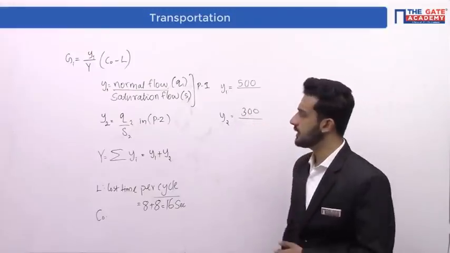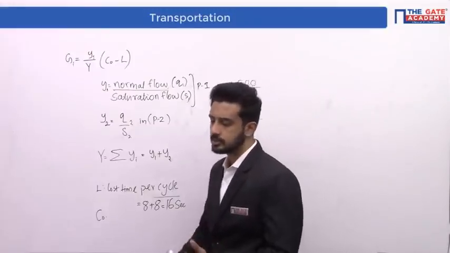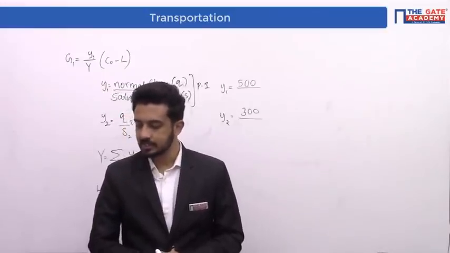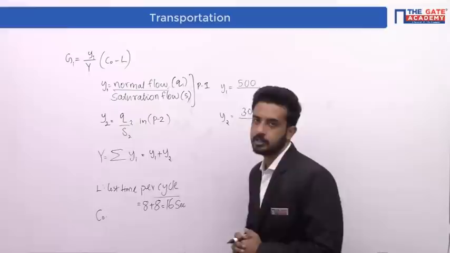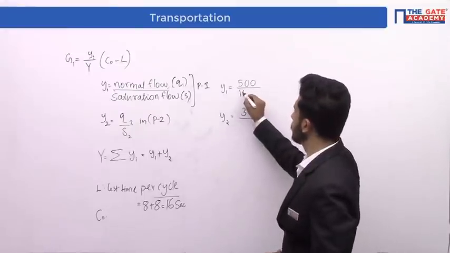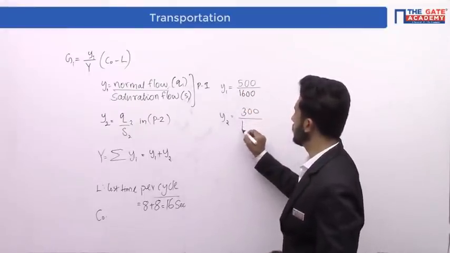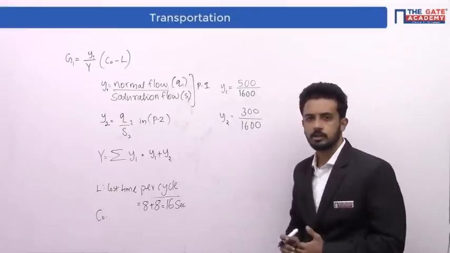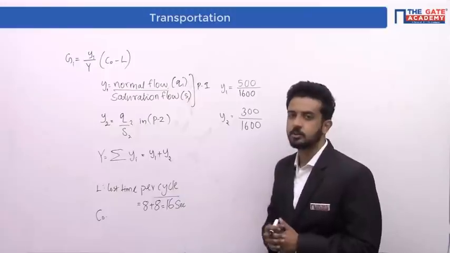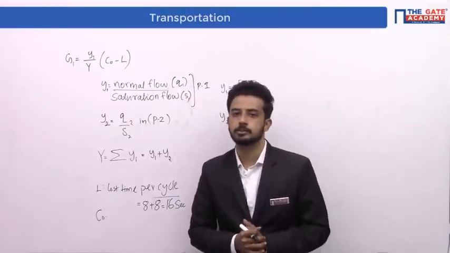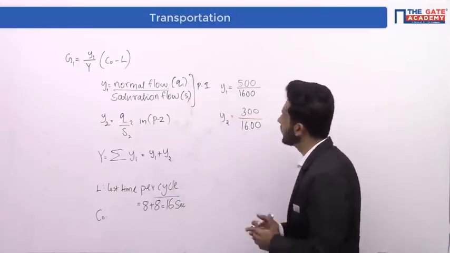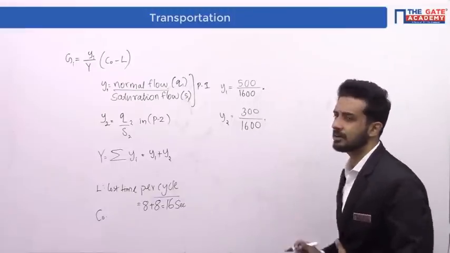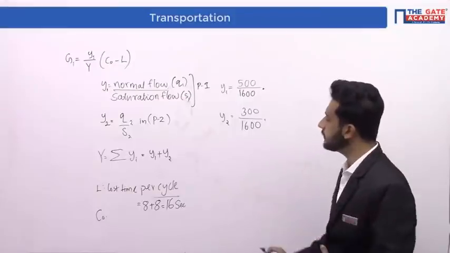Now I want to know what is S1 and S2, the saturation flow. They have given it as 1600 on both phases. Correct? So 1600, here also 1600. See, both are PCU per hour. It can be expressed in vehicles per hour or in PCU per hour also. So we'll get a ratio here. There is no unit. So 2 ratios I have got.